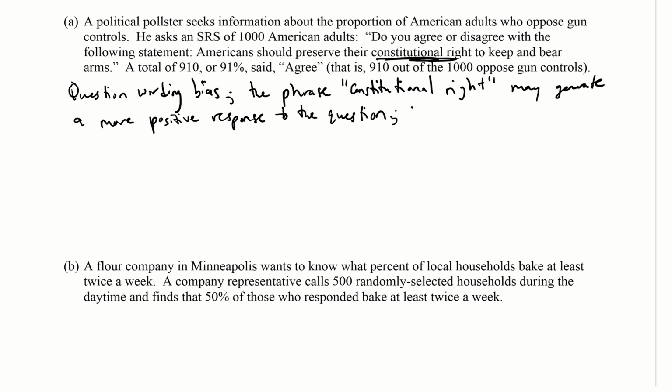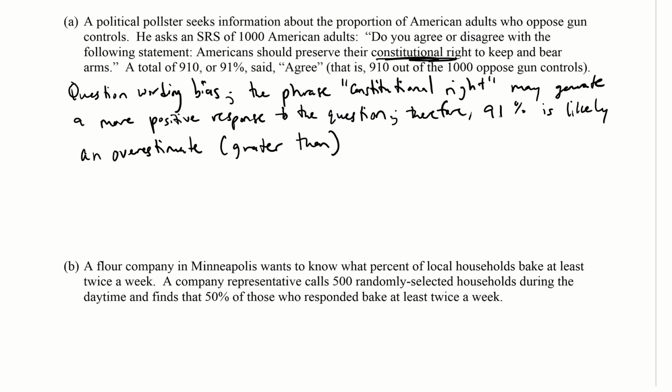So I'm going to say, therefore, the 91% is likely an overestimate. In other words, greater than the true proportion that oppose gun controls.